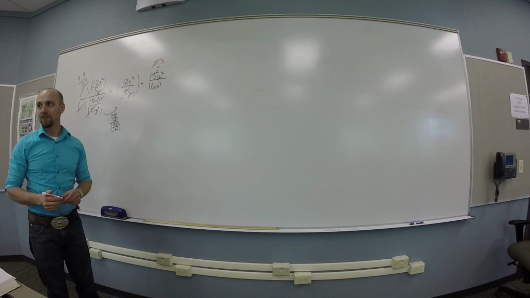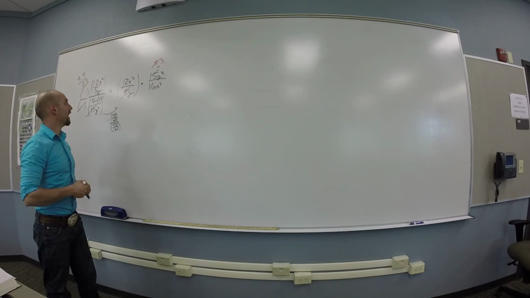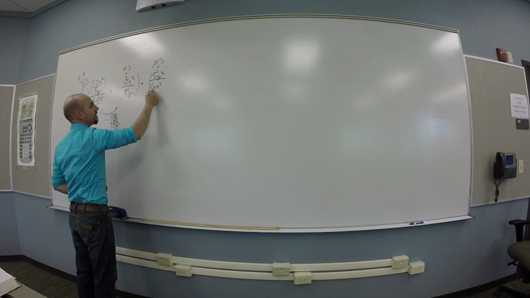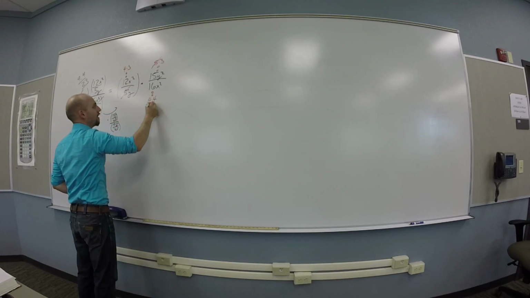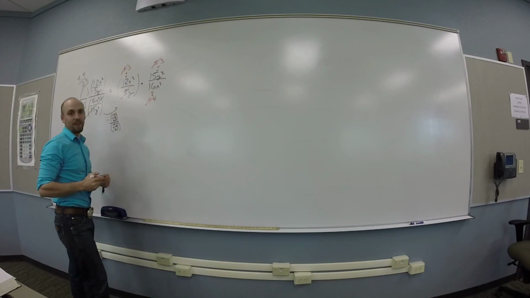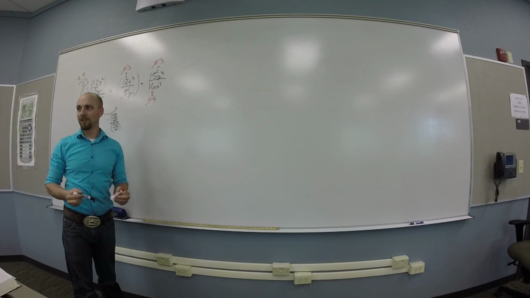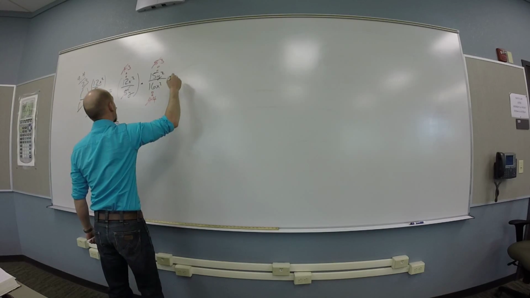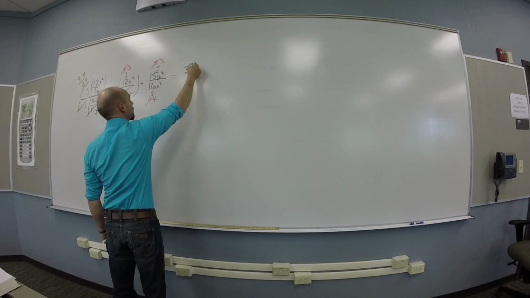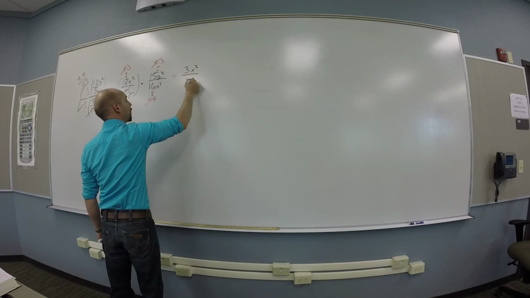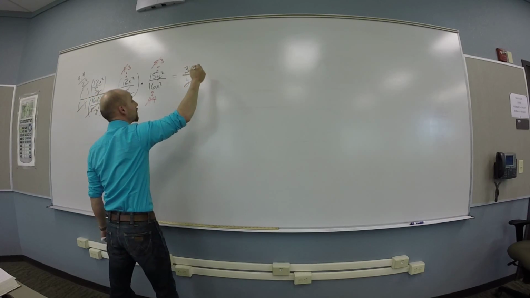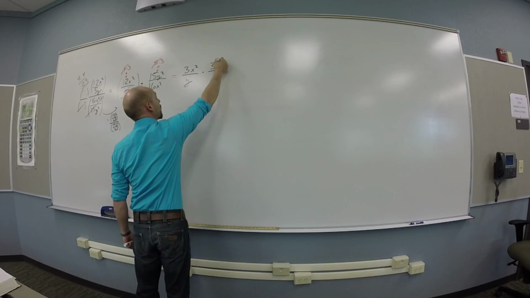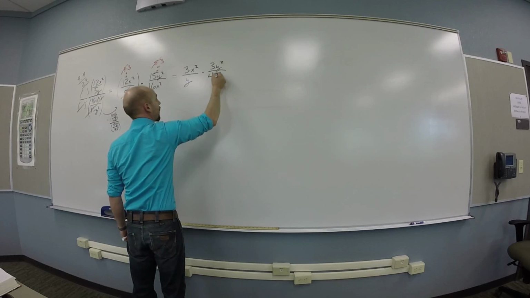And 12 is 4 times 3, and 16 is 4 times 4, so I can slash another onesie there. So once I've done slashing numbers, I'll have 3x squared over y, times 3y squared over 4x squared. It doesn't get rid of the x squared.